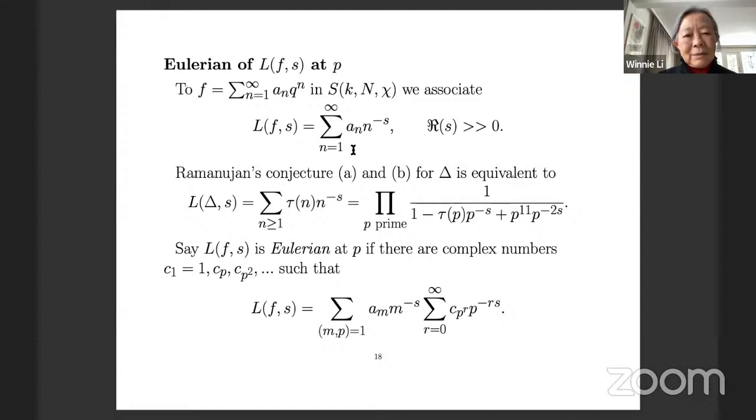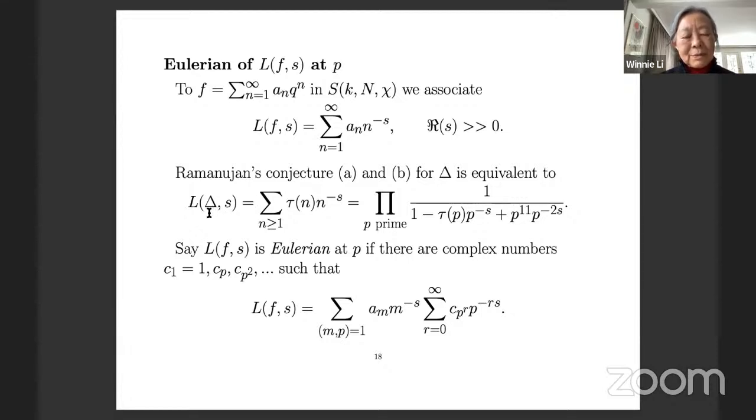So then we come to the properties of Ramanujan's conjectures A and B. Okay. So for a form in S of weight k, level N and character χ, we write its Fourier expansion. We use the Fourier coefficients a_n to form the associated L function. Okay.